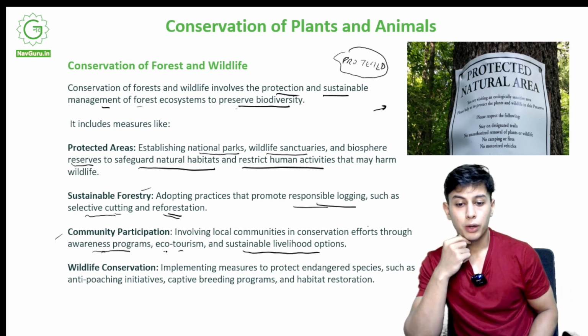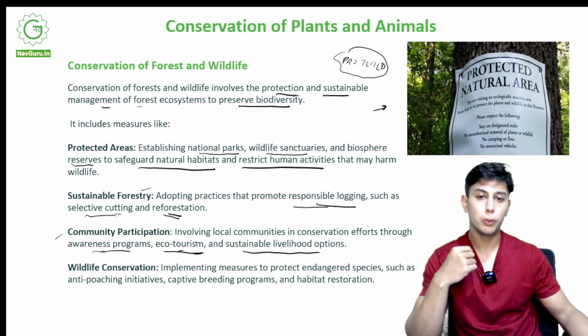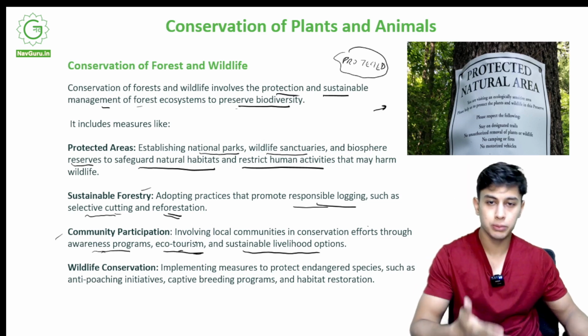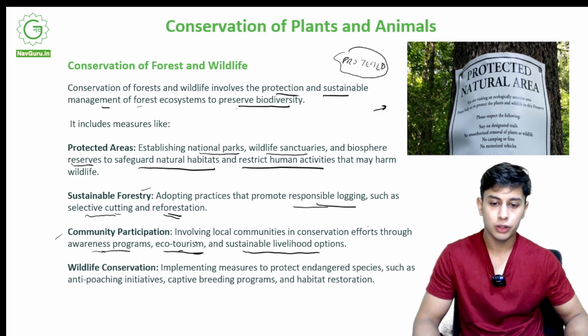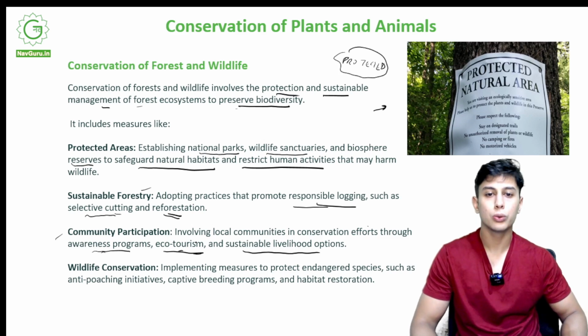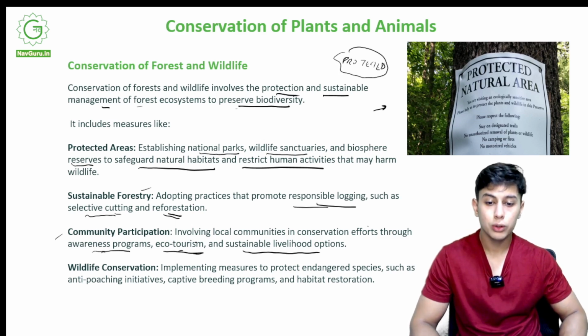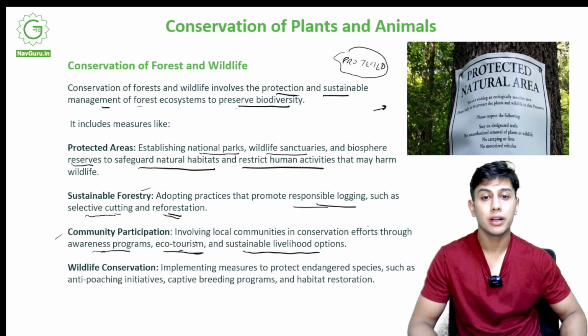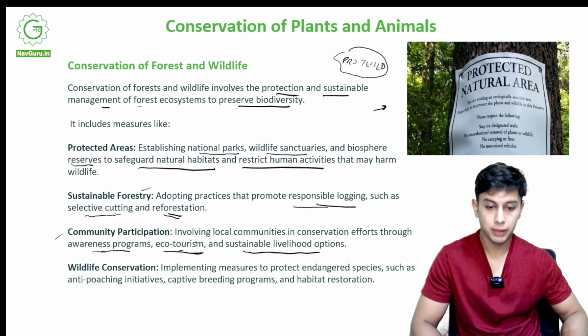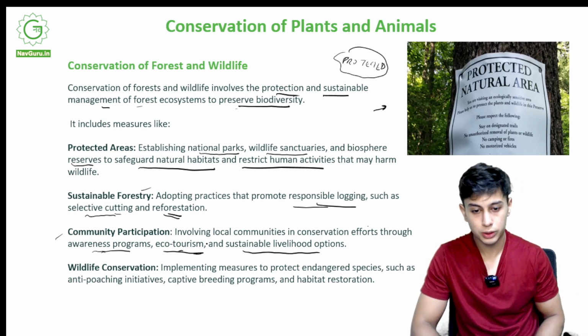Ecotourism. Now, tourists want to go to places like we visit Jim Corbett and all. Okay, for North Indians, that is a tourist destination. Okay, ecotourism. We go to see the natural protected areas. Alright, so that we are aware of that, we can make other people aware of them as well. So that is ecotourism.